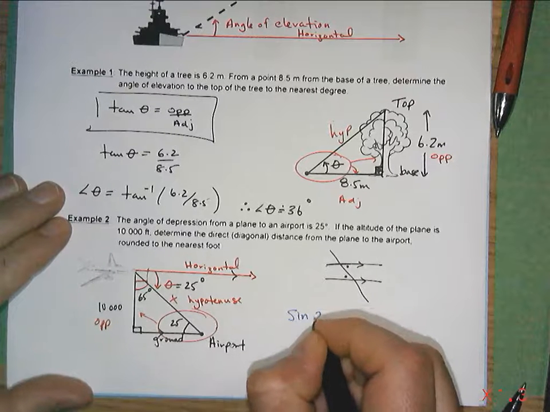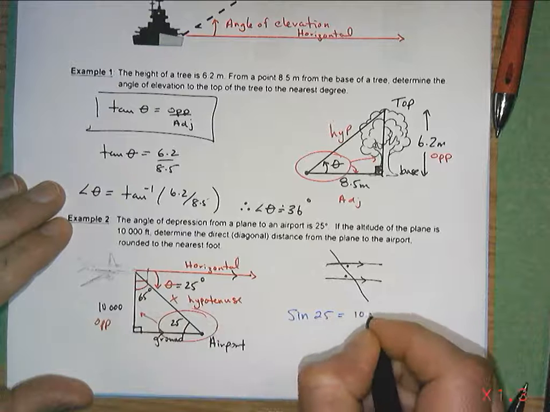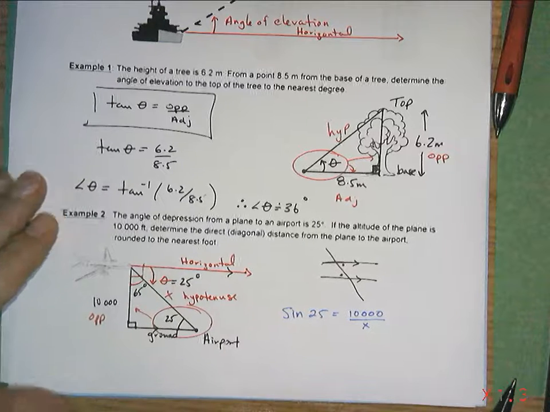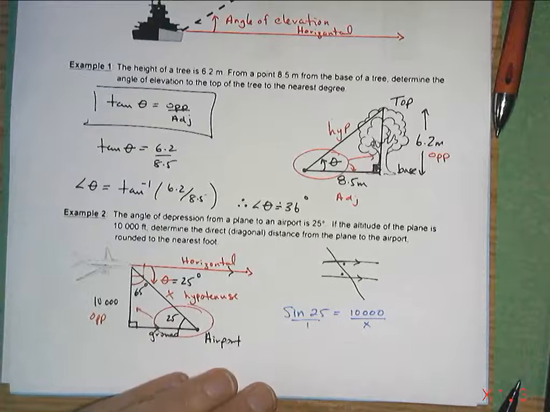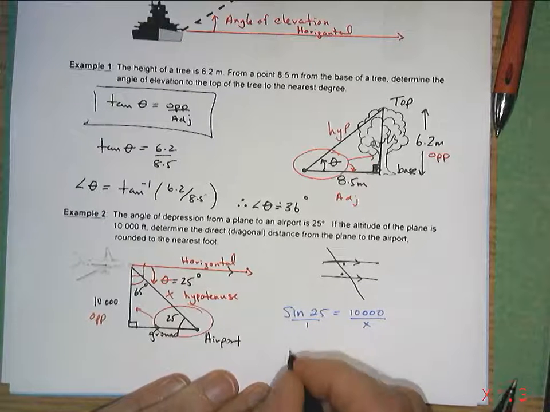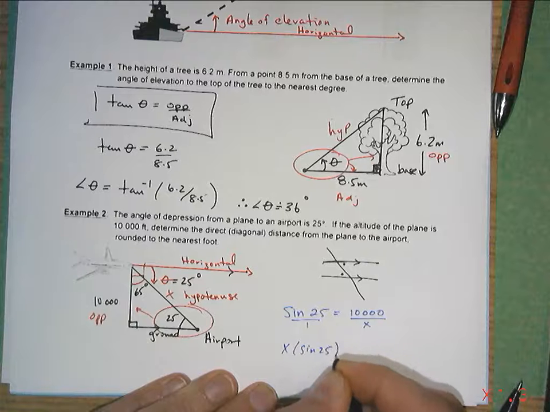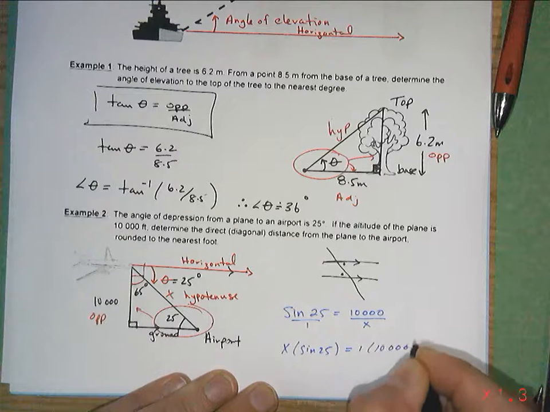So sine of 25 is going to equal 10,000 over x. Okay? Now, that's sine of 25 over 1. This is x. If we cross multiply both sides, we get x times sine of 25 equals 1 times 10,000.